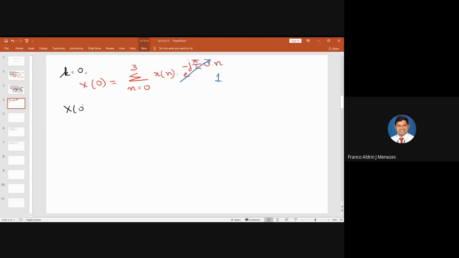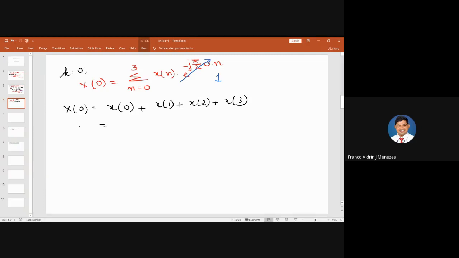So this term, x of 0, will be equal to, expanding the summation terms here, n is varying from 0 to 3. So the first term, when n is equal to 0, it will be x of 0 plus x of 1 plus x of 2 plus x of 3. We know the values of x of 0, x of 1, x of 2 and x of 3.